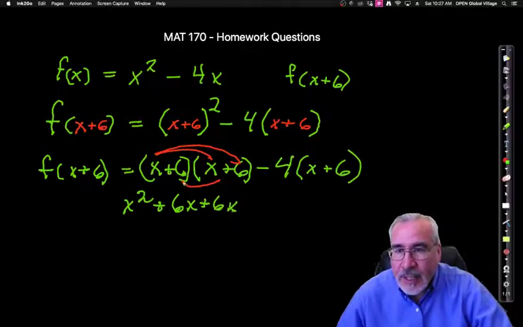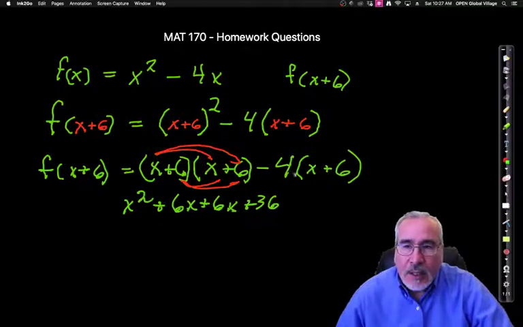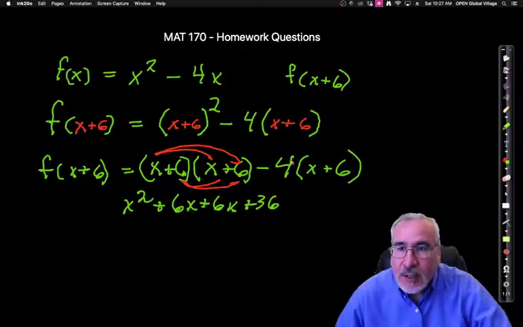And then we do the last, 6 times 6, which gives us plus 36. On the second term here, we're going to distribute this -4 to the x and the 6. First we do this part, and that's going to give us -4x. And then we do -4 times +6, which gives us a -24.